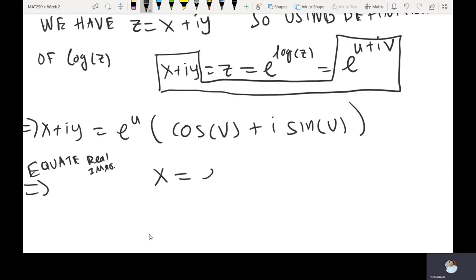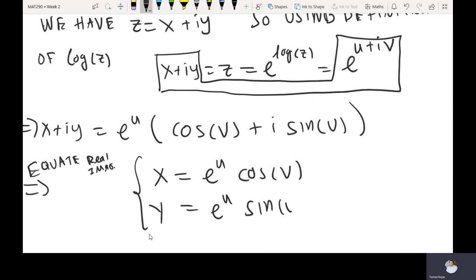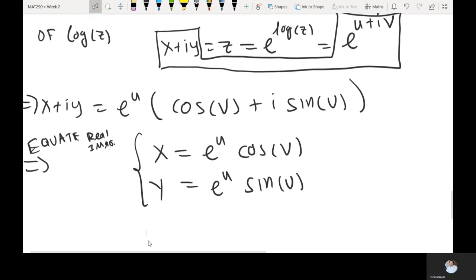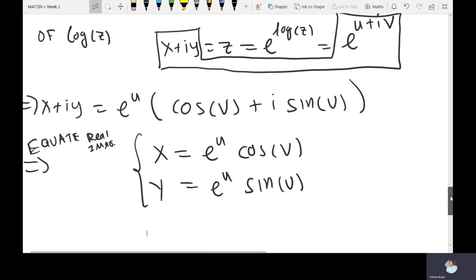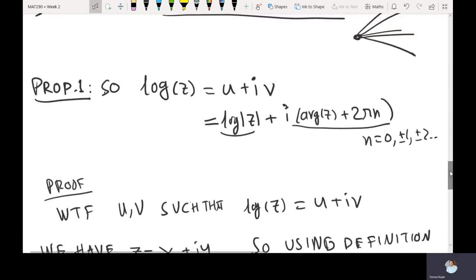So x is e to the u cosine of v, and y is equal to the exponential times sine of v. Okay, let me repeat what we're doing. We want to find the real and imaginary parts of log z.